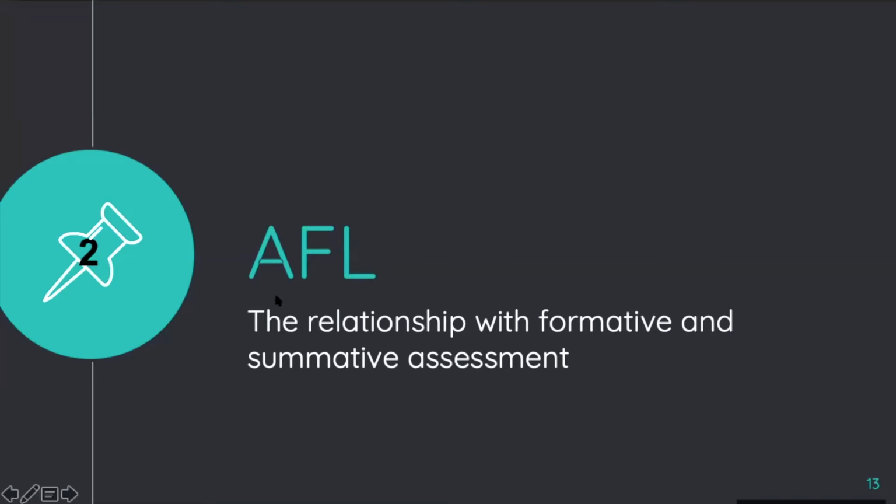I would need you to first make up your own very brief, straightforward, direct definition of what is formative assessment and what is summative assessment.